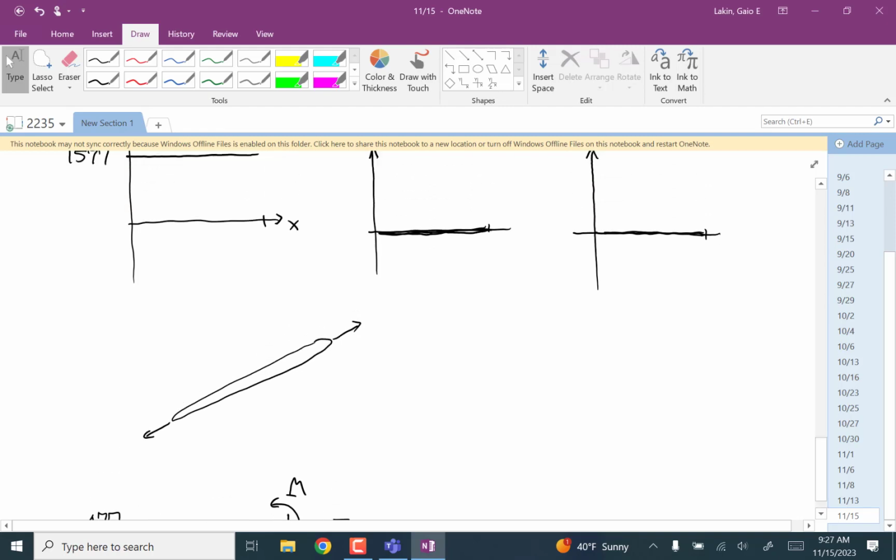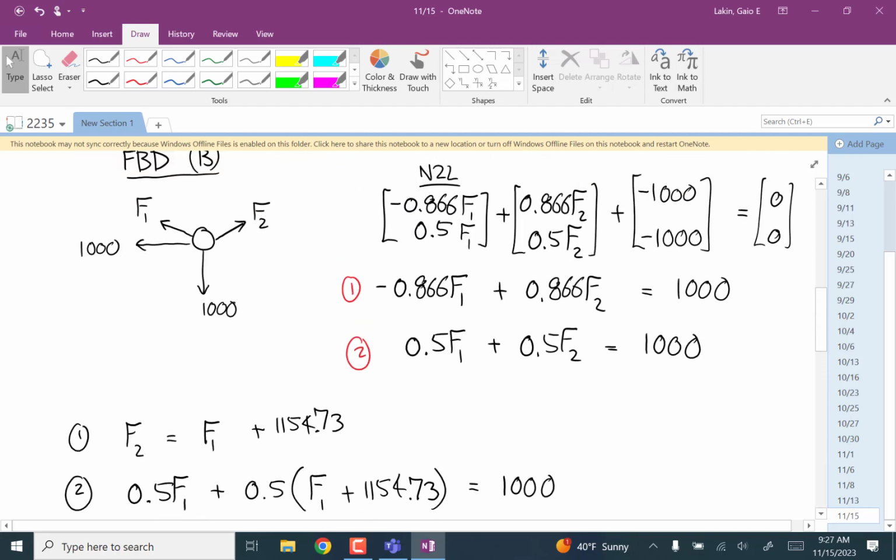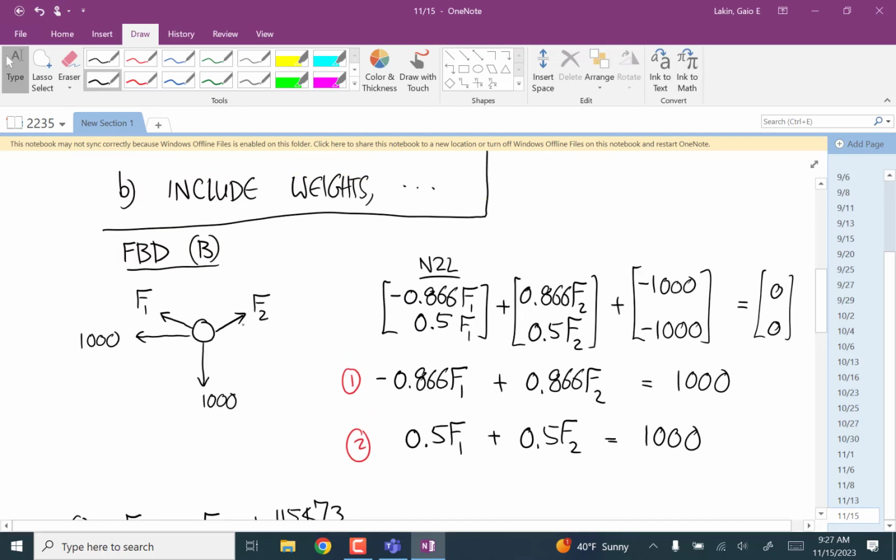We figured out that the force on the pin by F2 is this direction. So we've also figured out that the force on member 2 by the pin is the opposite direction. And that's really the end of it. Of course, you could do the full method for this, go through the internal loads calculations, and you'd get this same thing.